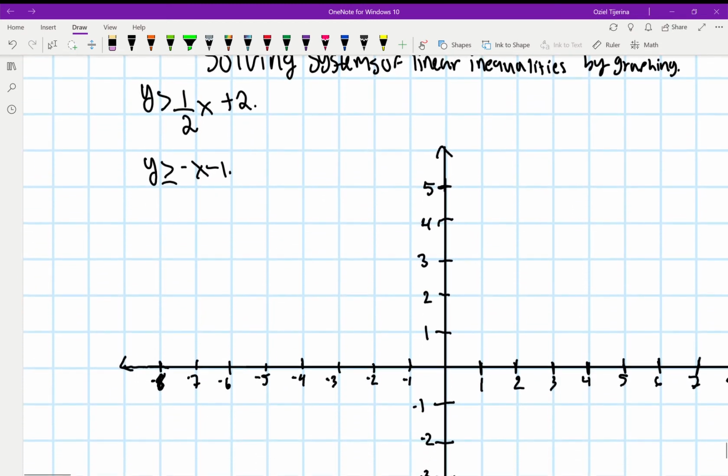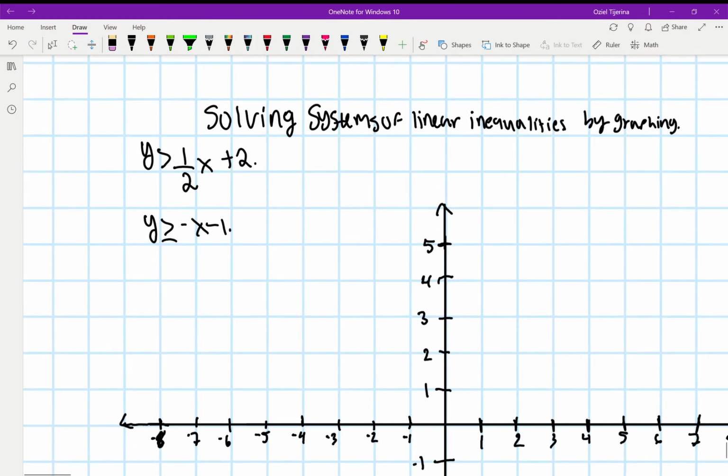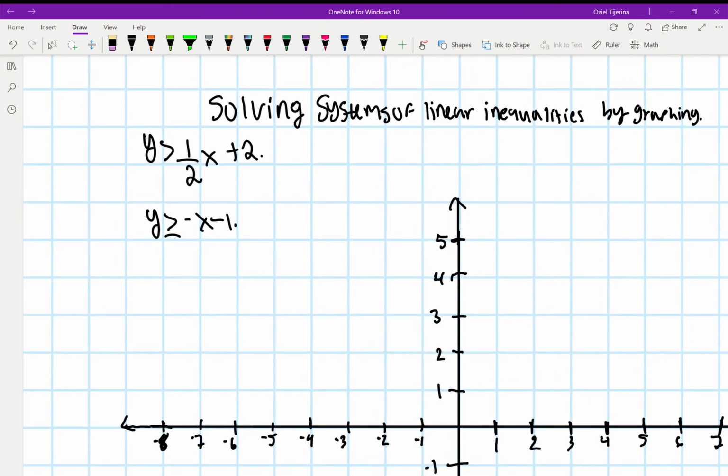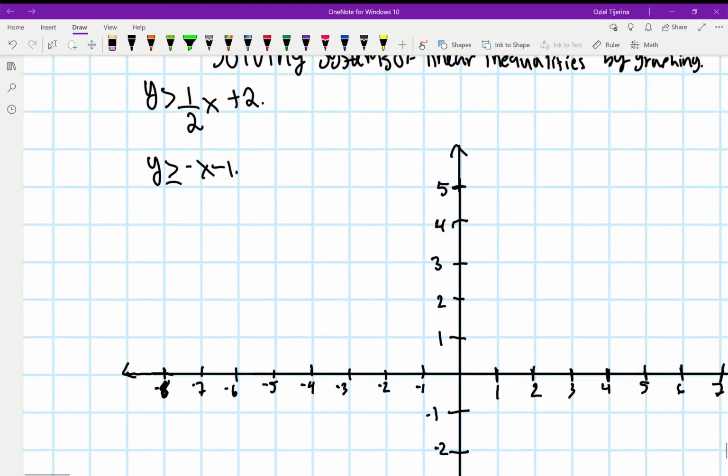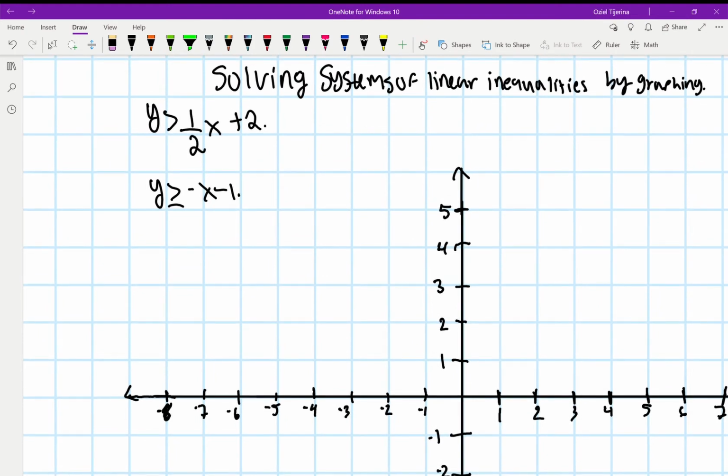So in this first one we have y is greater than 1/2 x plus 2 and y is greater than or equal to negative x minus 1. One of the things that I want to do first is graph both of them.